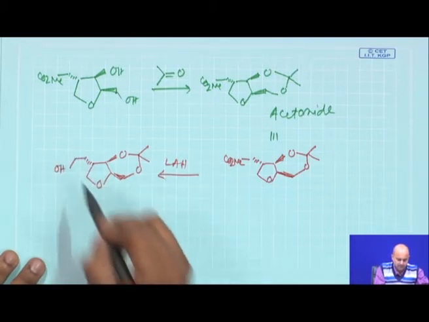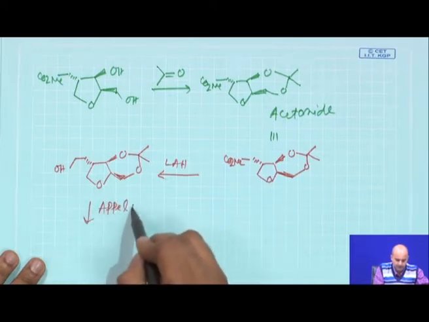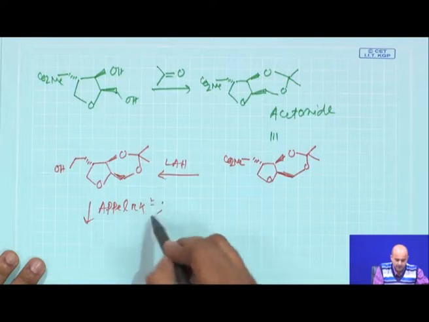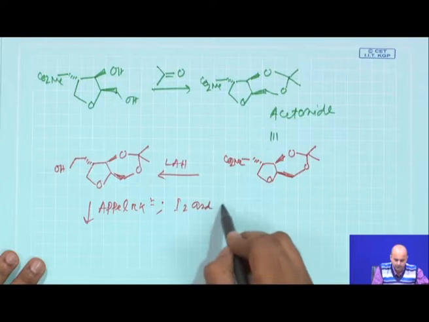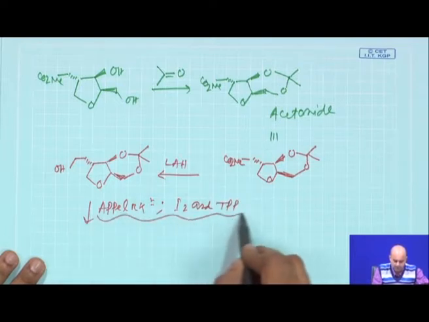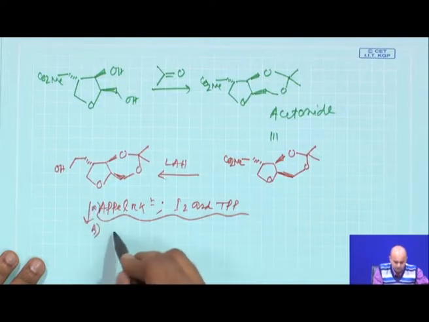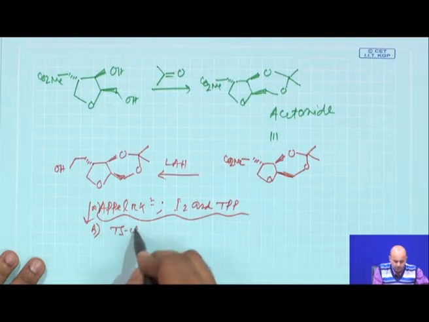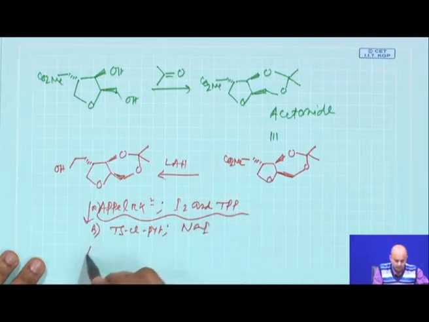So, you get the reduction, and next you do an Appel reaction, which you have discussed many times, using iodine and triphenylphosphine. Alternatively, you can use tosyl chloride and pyridine, and then sodium iodide in a 2-step process, which also gives you the iodide.